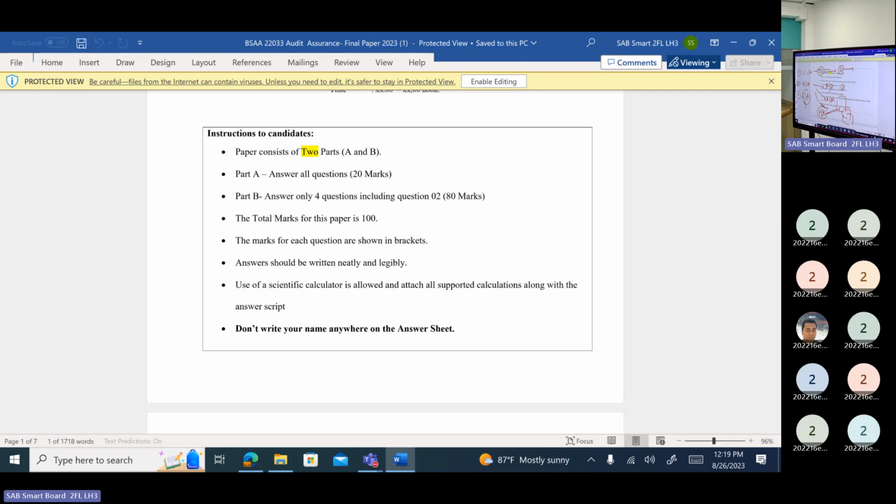I hope that you have a good platform, good background to start audit and assurance. You know what the paper and assignment structure and the subject topics are, and I hope that we have a good start. So we can continue the same, right? And then now we can start what?